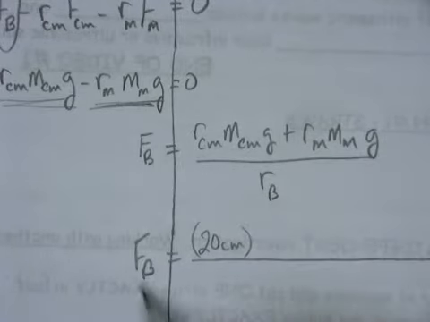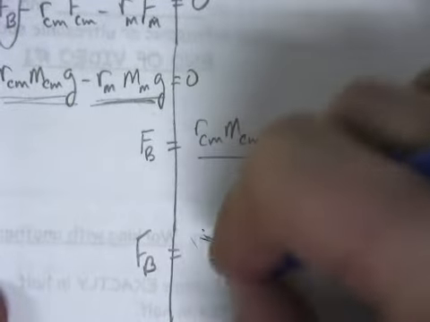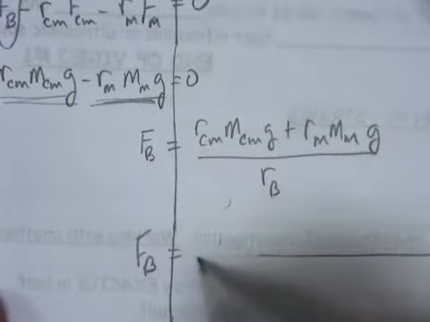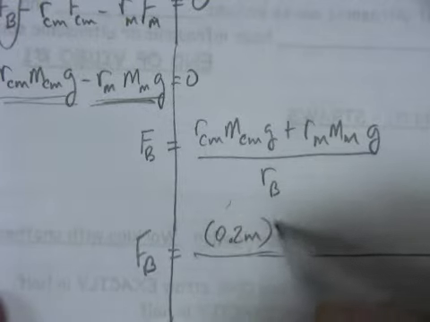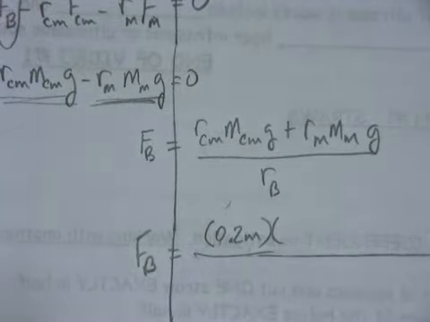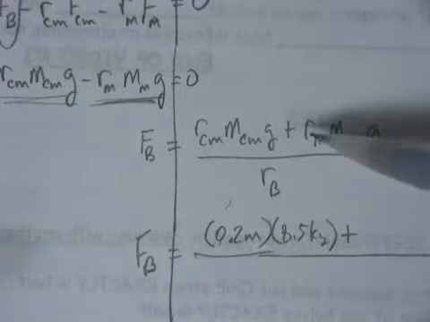And actually, since I'm dealing with a force which has newtons, it's probably best that I use meters. So I'm going to go ahead and substitute that in. So this is going to be 0.2 meters, times the mass of the arm, and that was 8.5 kilograms, plus the radial arm of the ball.